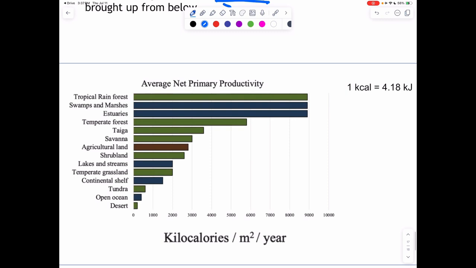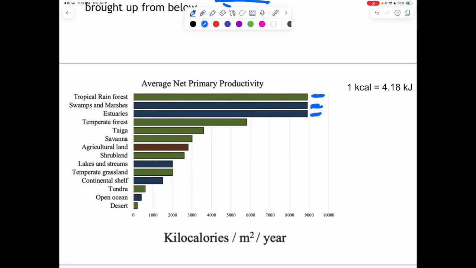I want to show you this. I like this diagram a lot because it shows you per biome how our NPP is changing. Obviously, we have our tropical rainforest, our swamps, and our estuaries. As we mentioned before, high nutrient, very rich.